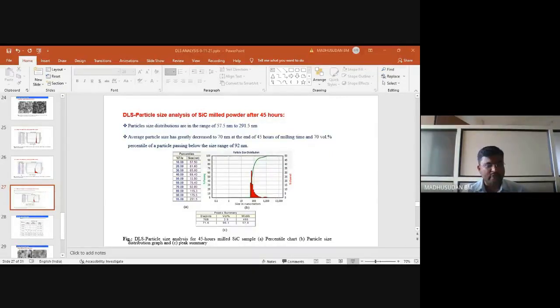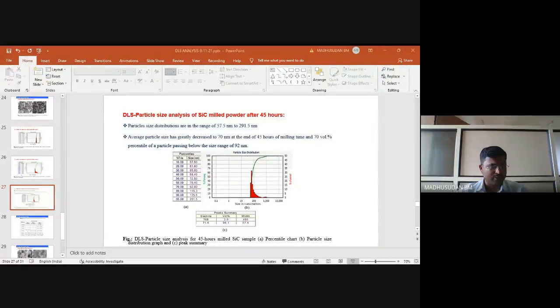As we all know, by decreasing the particle size, the smaller size particles will exhibit higher surface energy. Because of that high surface energy, they tend to join or combine with the nearby particles, so that a combined particle will actually show up like this, a particle with a bigger size.